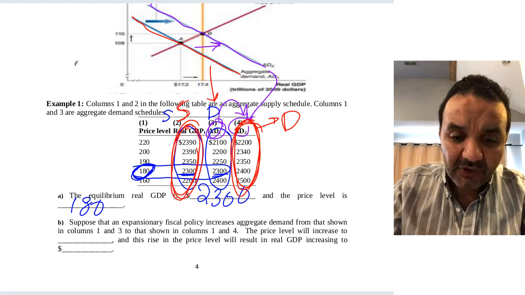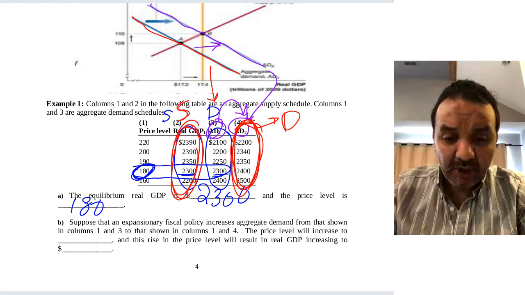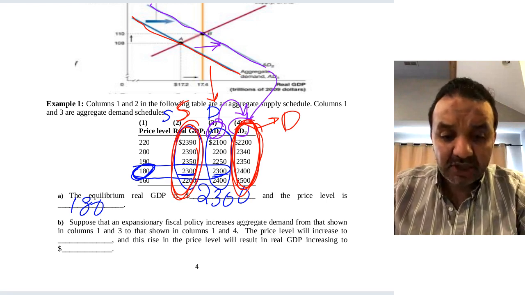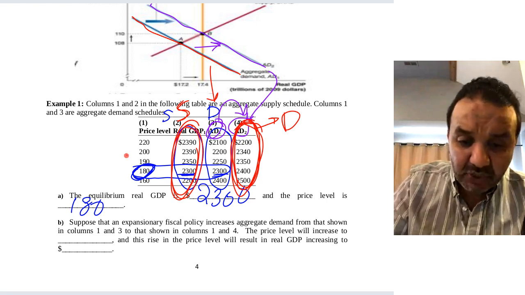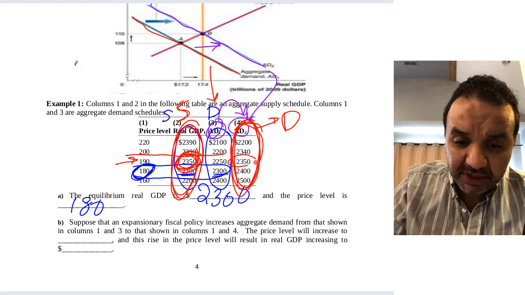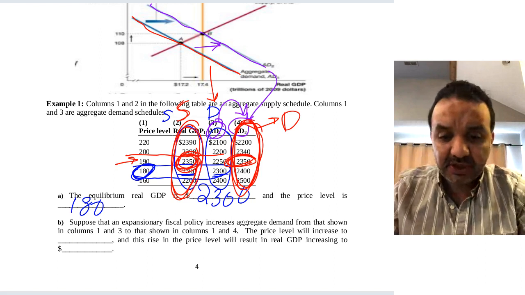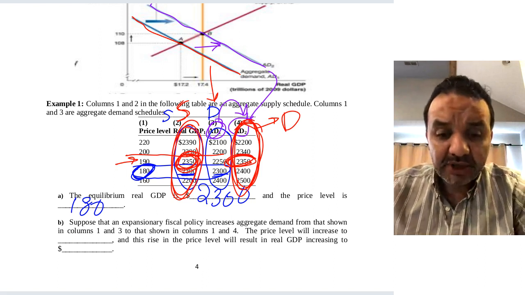Let's look at when the demand exactly equals the supply. When the price equals 190, this is the supply and this is the demand. As you can see, the demand and supply are equal when the price equals 190.